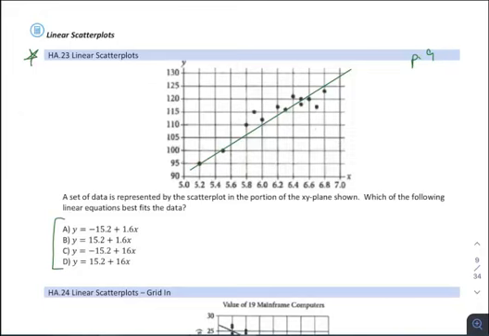So what you see is your slope, your rate of change, is either 1.6 or 16, and your y-intercept is either a positive 15 or a negative 15. Now, you can't really tell from this graph what the intercepts are going to be, right? Because it cuts off at 90 and at 5, so you don't see where it actually passes through for the y-intercept. So you can't rely on that to help gauge this.